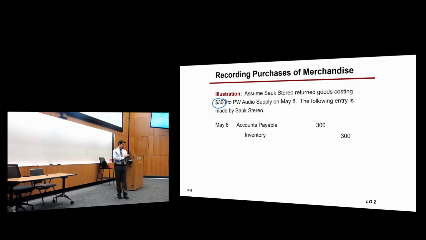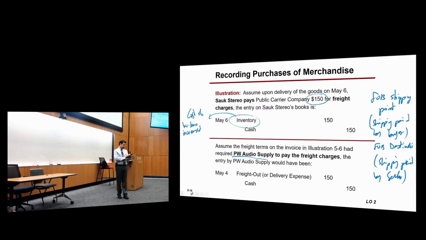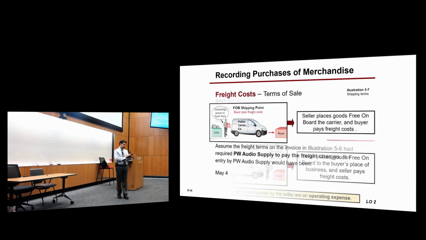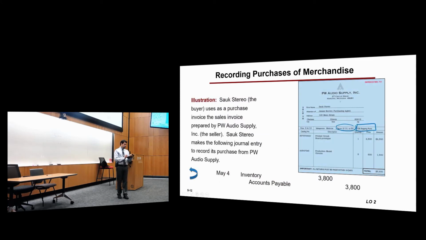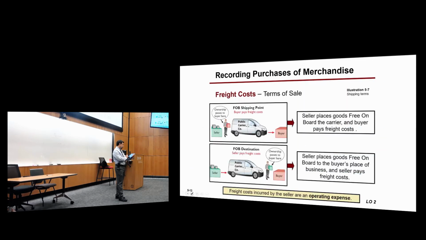Originally, if you remember, they owed them $3,800. They returned $300 from them. The value of their inventory decreased by $300, but also their debt to their vendor has decreased by $300.